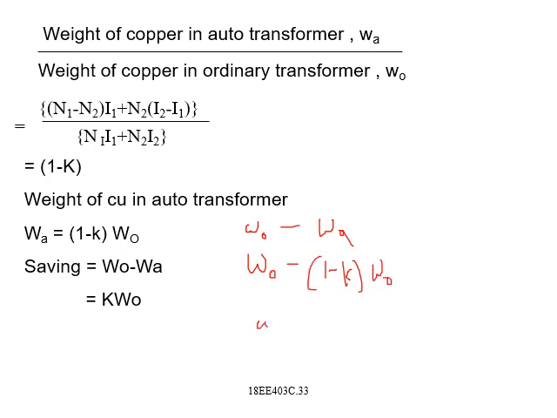When you take W naught common, you get 1 minus of, open the bracket, minus into plus is minus, minus into minus is plus K. So 1 minus 1 is 0, and there is only K into W naught.